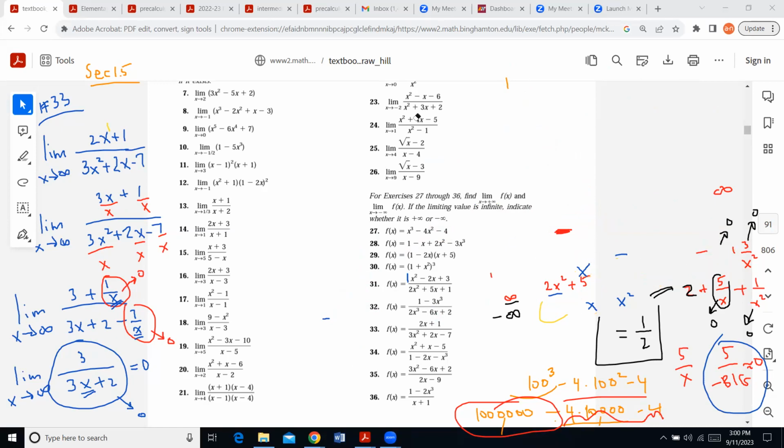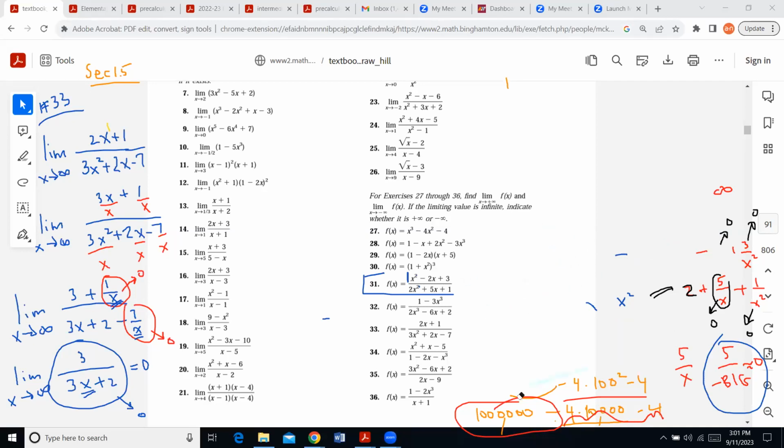Let's recall the exercise we just did, 31. We saw it's x squared here, x squared on the bottom, so I just divided 1 by 2, and that's how I got 1/2. If degrees were the same, both squares.